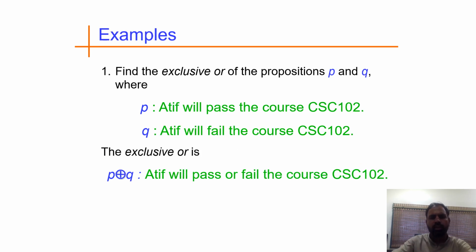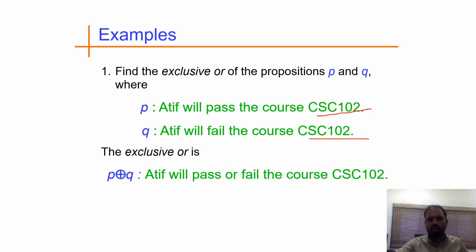For example, find the exclusive OR of the propositions P, Atif will pass the course, and Q, Atif will fail the course.